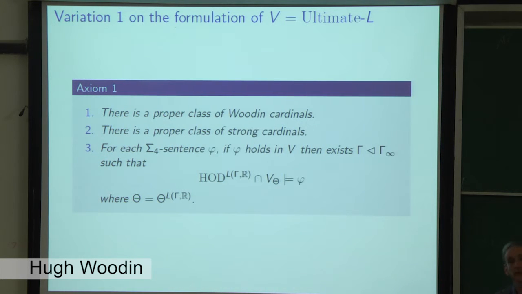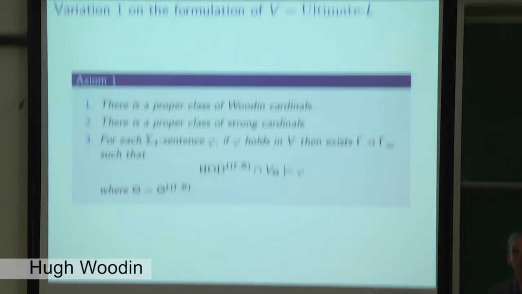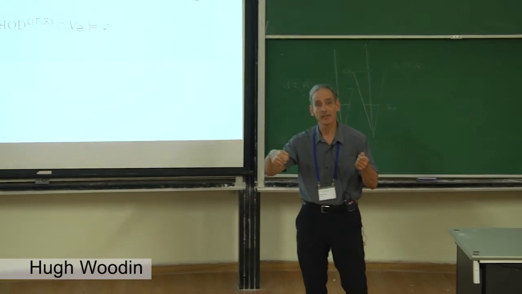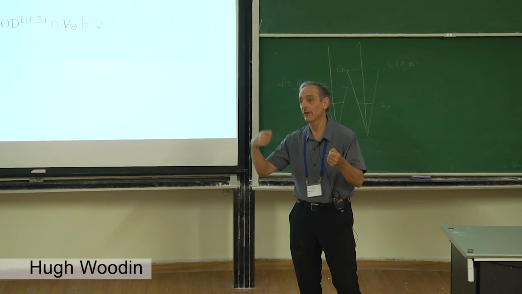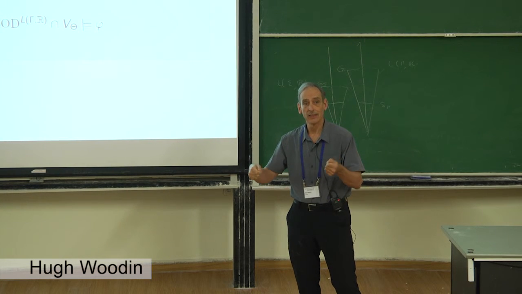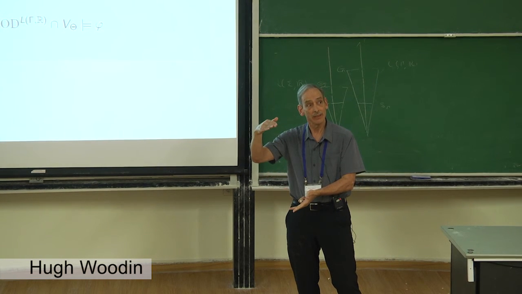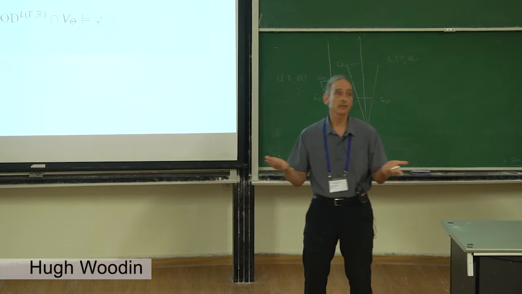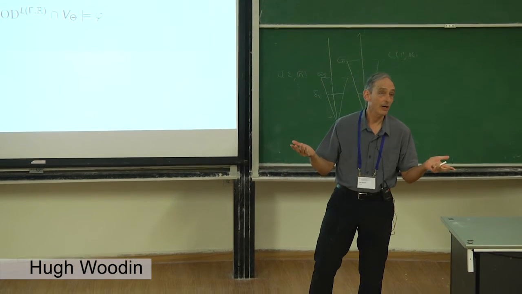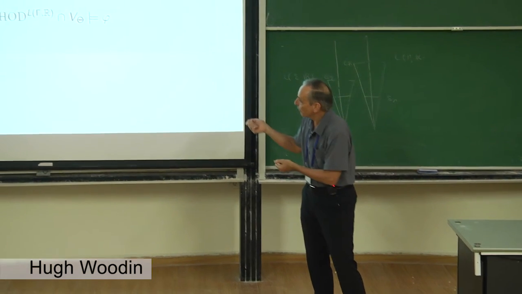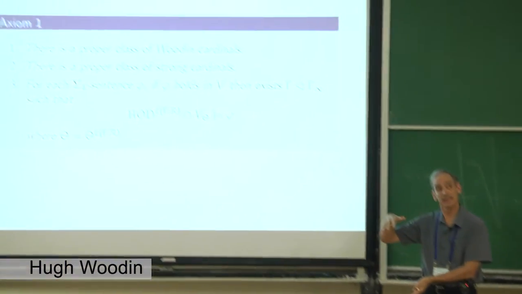How rich is the determinacy model you're trying to reflect into the HOD of? And you're always trying to reflect into the HOD cut at theta. So how rich is that gamma? Is it just given by a single set, like L of A and R? And the second parameter is how complicated a sentence?